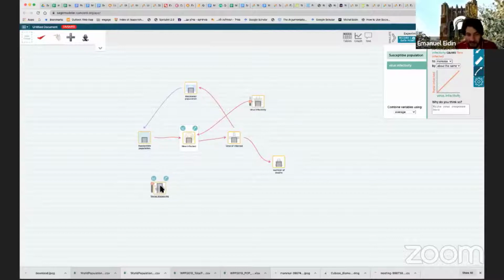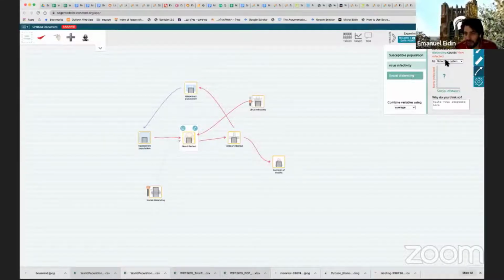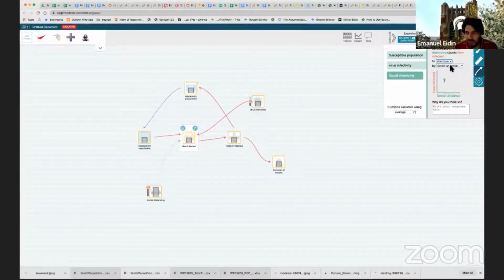At the time, they had basically only social distancing. So here I go to social distancing, and the more social distancing, the more it decreases the new infected. And if you think about it, it brings up the argument: does it decrease it about the same or maybe more and more?